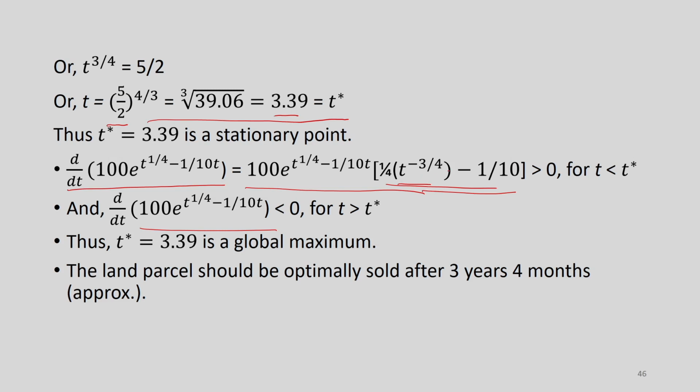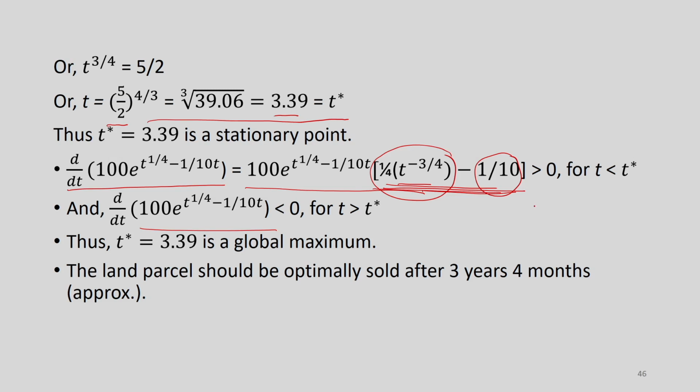So, this will be 1 divided by t to the power 3 by 4, and at t star this is equal to 0, right. But if you are taking a value of t which is slightly less than t star, then this number becomes higher than this number, and therefore, this entire term is positive.